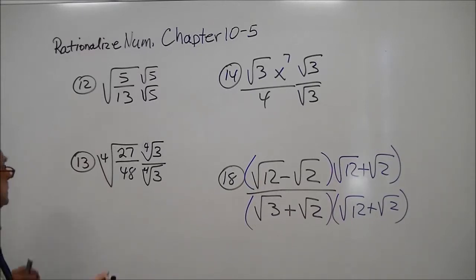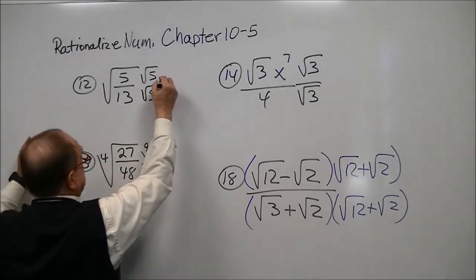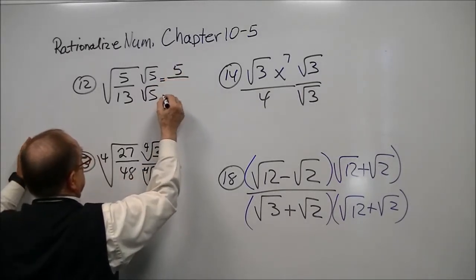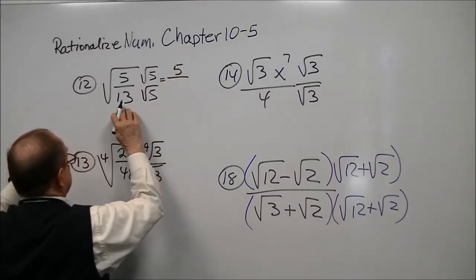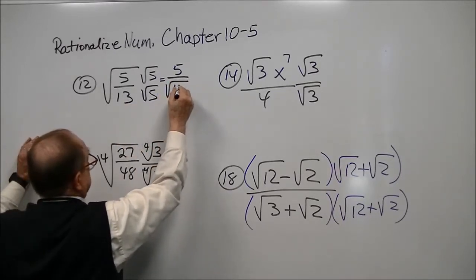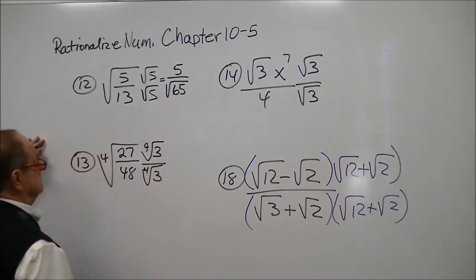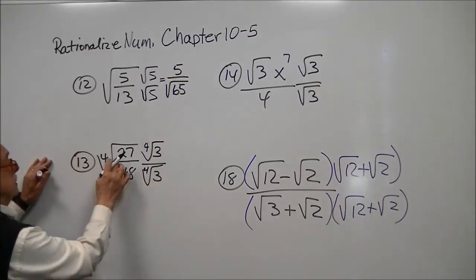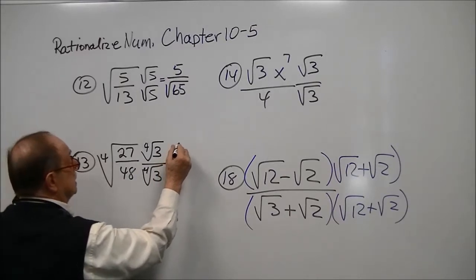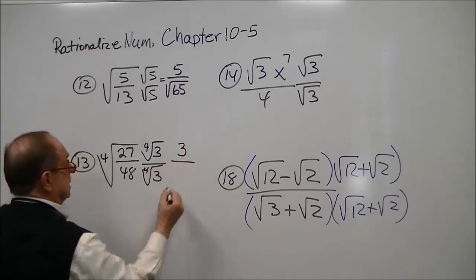So this one is just going to be 5 over 5 times 13, which I believe is the square root of 65. And this will be the 4th root of 81, which is 3.